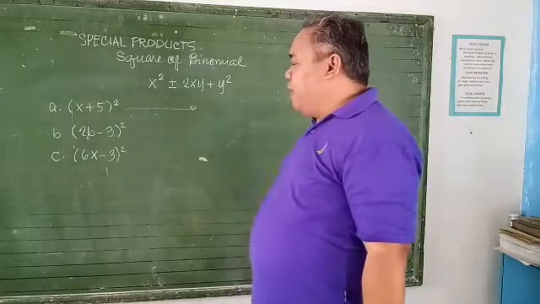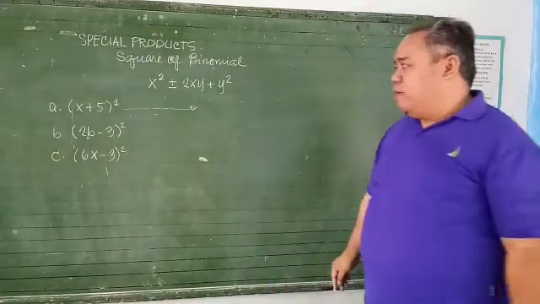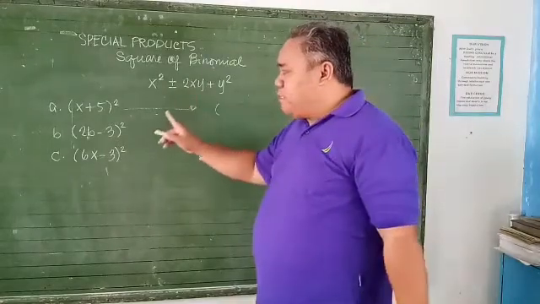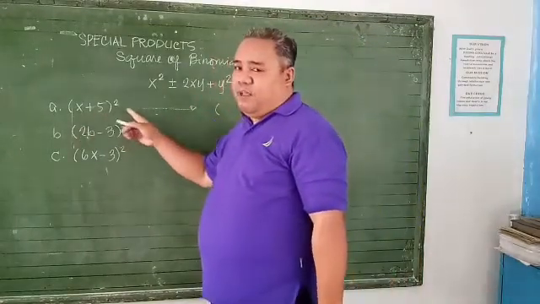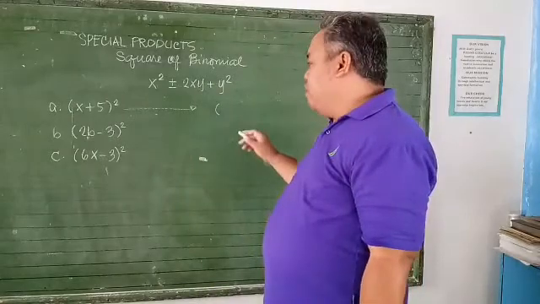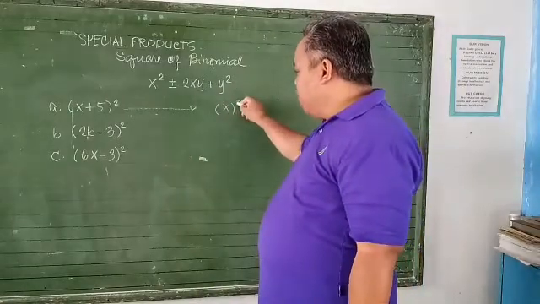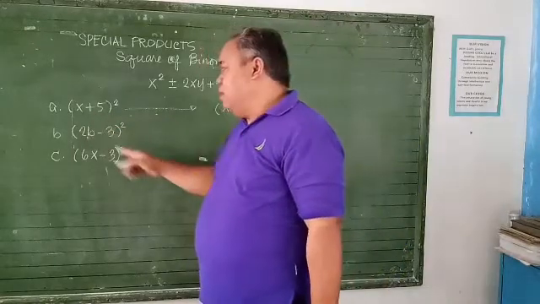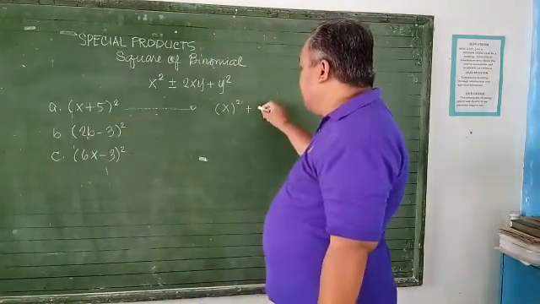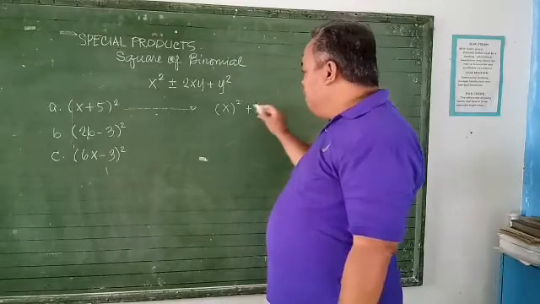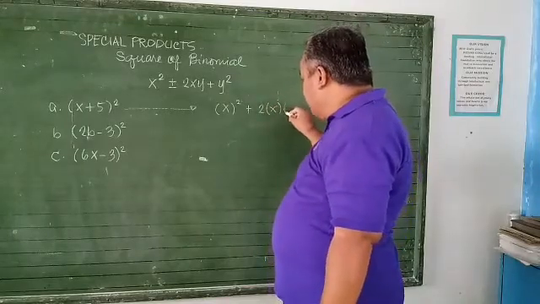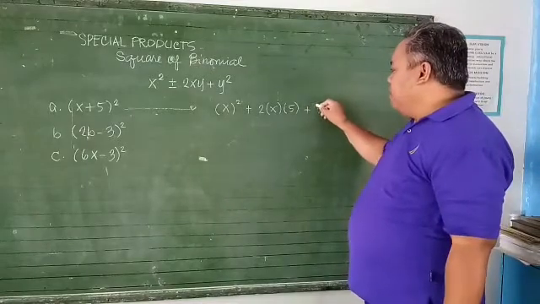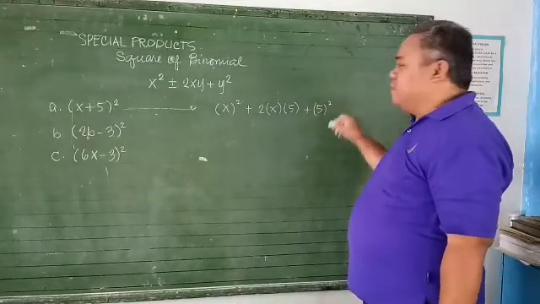Let's say you have given quantity x plus 5 squared. So we're going to follow the pattern. Your first term here is x, and your second term is 5. So remember your first term and second term. First term is x, so x squared, plus, kasi ang operation niya is addition, and that is 2 times the first term times the second term, and then plus 5 squared, ng last term.